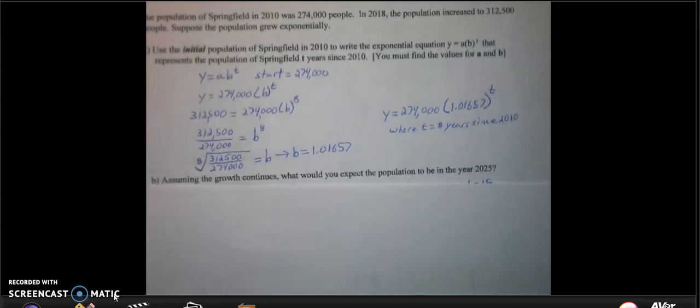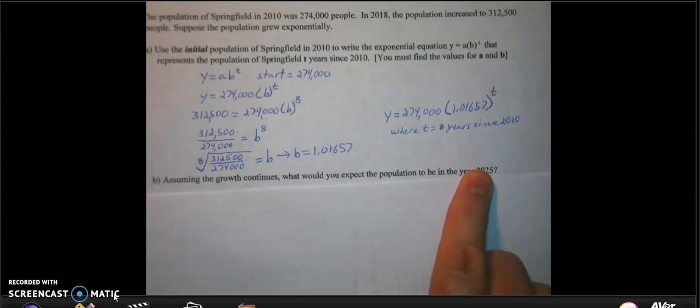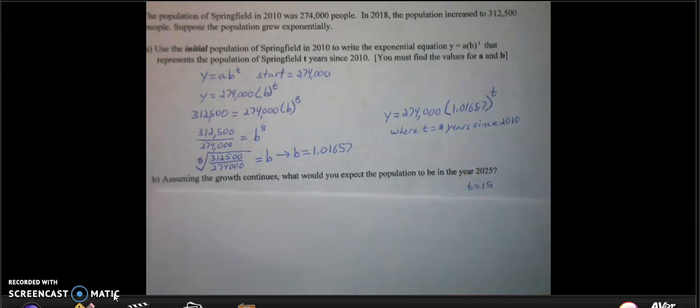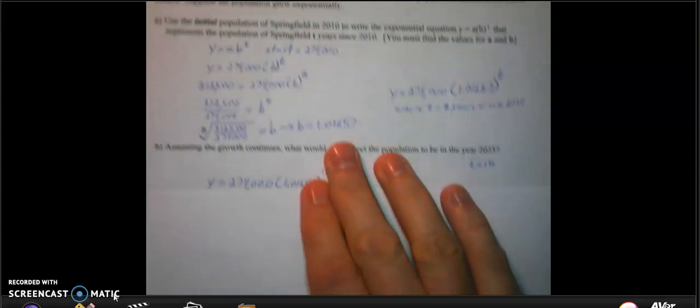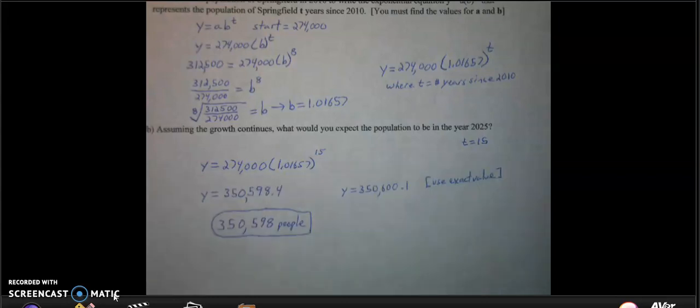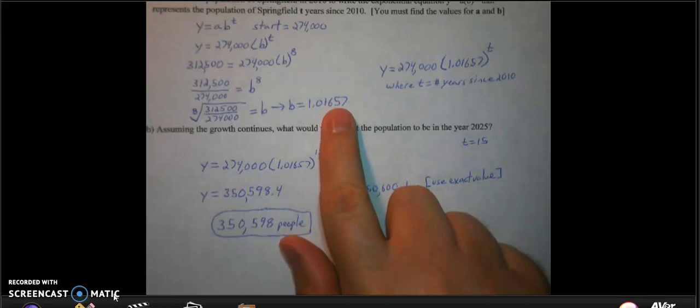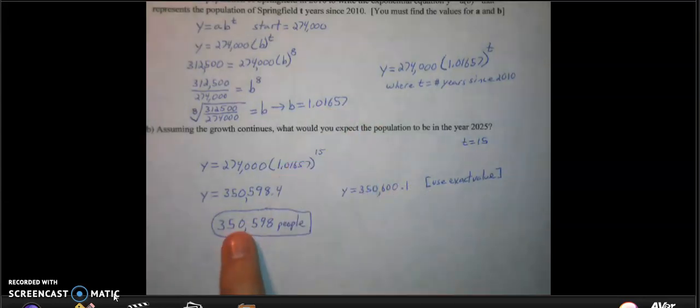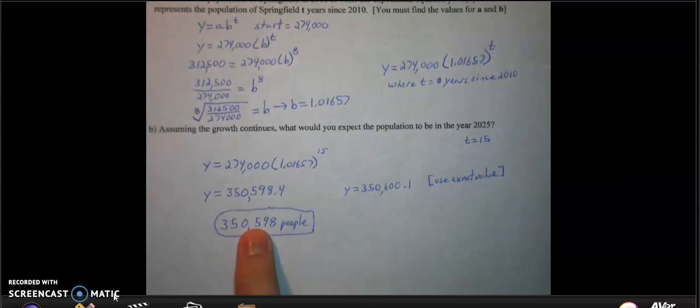So assuming the growth continues, the population in the year 2025, well, we know that's a t value of 15. So substitute 15 into your function that we just came up with. And that gives us, if we use just this rounded value, this value here, 350,598.